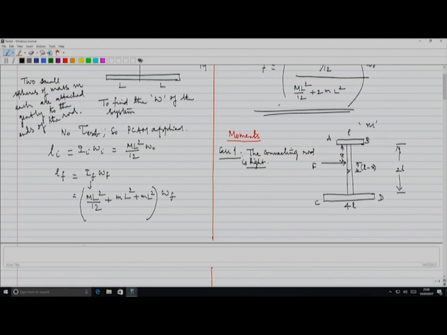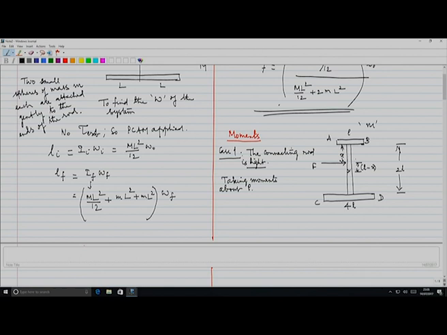Now, taking moments about P, moment of AB, we will calculate taking moments about P. Where is P?